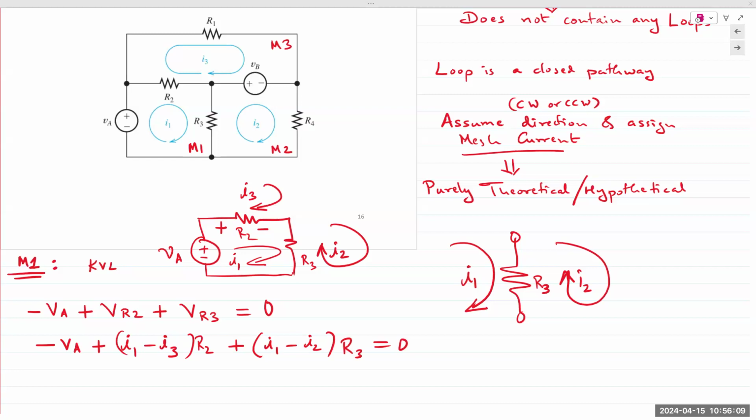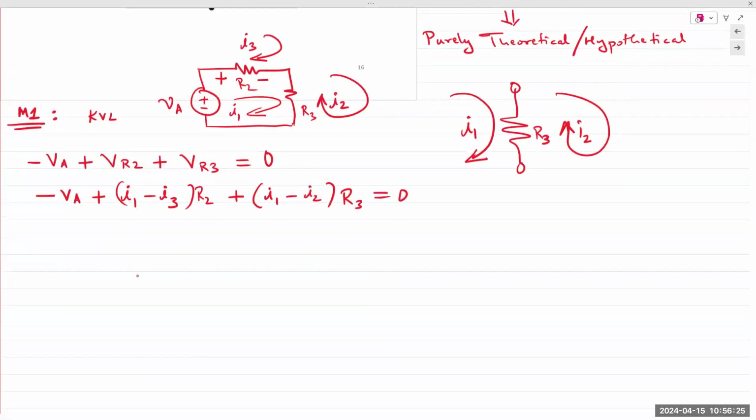Yes. Sure. So the question being asked is, why are we subtracting I3? Let me actually draw this out with the visual here on the right side. So why subtract?